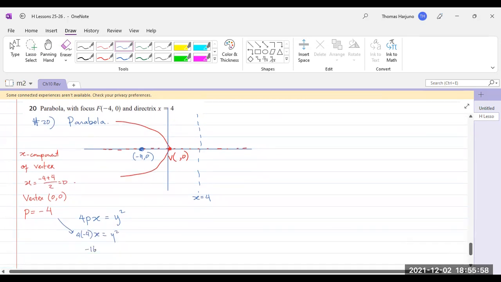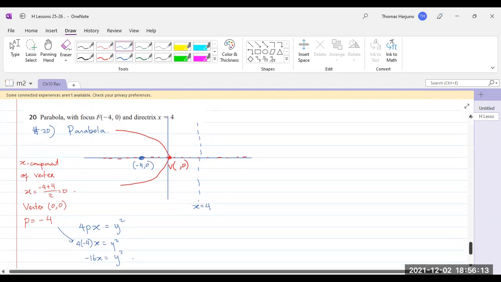It's negative 16x equals y squared. That's for number 20.